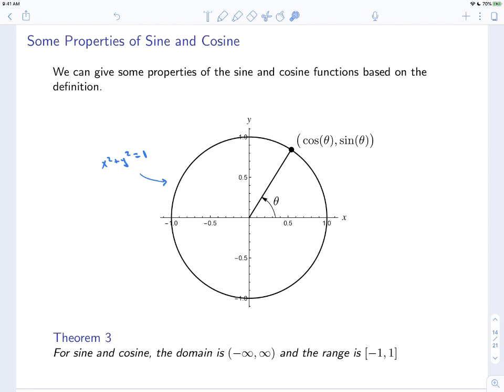If theta is positive, it represents a rotation in the counterclockwise direction. If theta is negative, it represents a rotation in the clockwise direction. And the larger that theta is, the bigger the rotation is. You might rotate around multiple times, either counterclockwise or clockwise. So that's why the domain is the set of all real numbers.